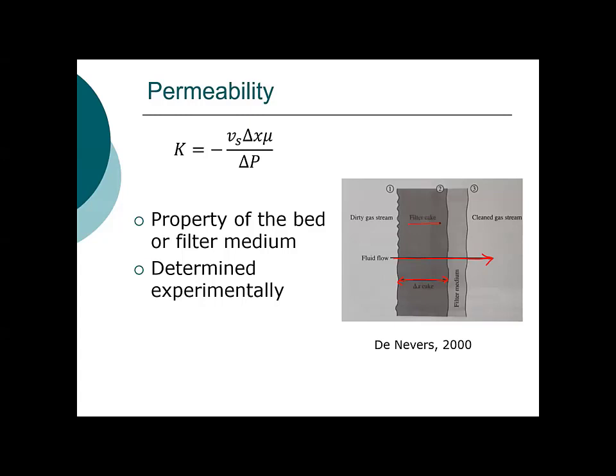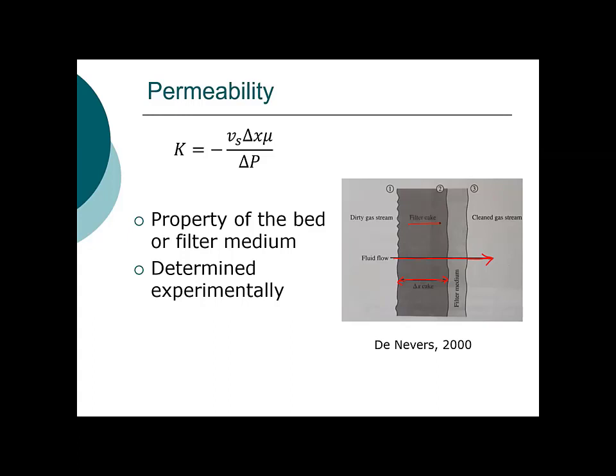The other thing to recognize is that the filter actually initially becomes more efficient as that filter cake builds up. So that filter cake is providing some ability to remove particles. So you'll see generally somewhat of an increase in the efficiency.